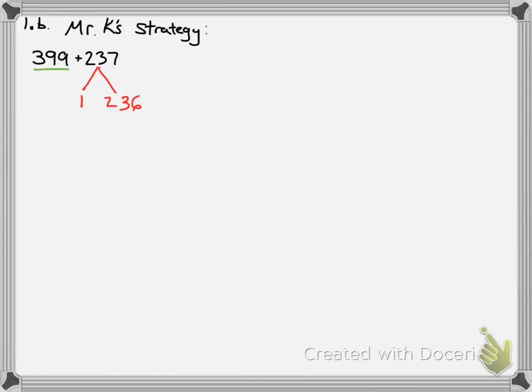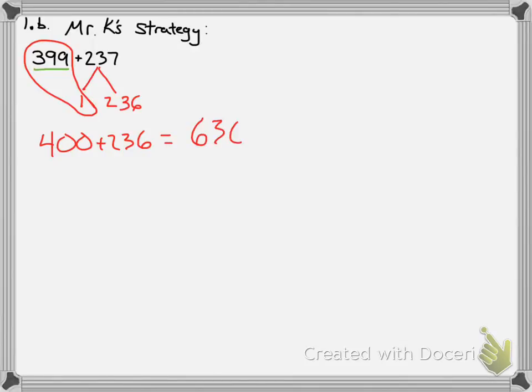Now I chose 1 because if I add this over here, I can make a nice even 400. So then I have 400 plus 236, which is going to equal 636, because all I have to do is add 400, which we can obviously do in our head pretty easily.